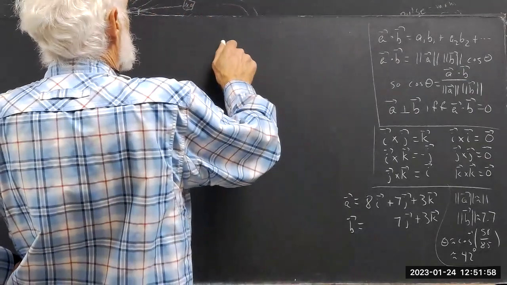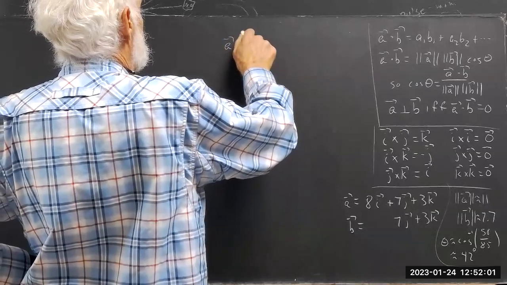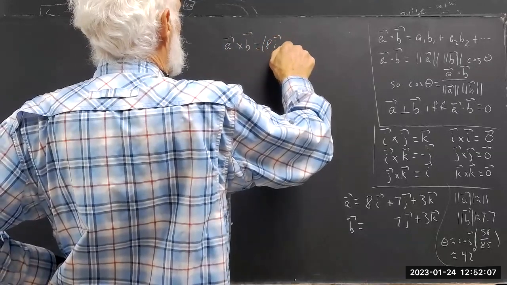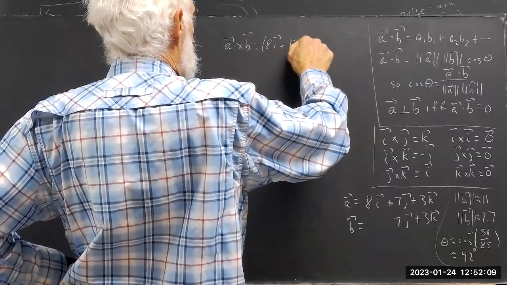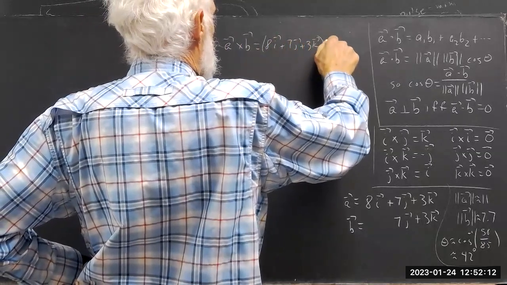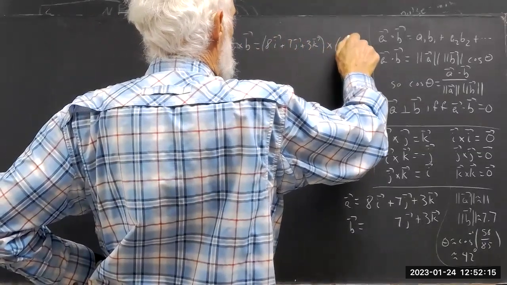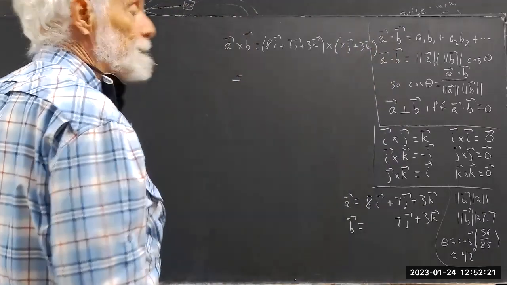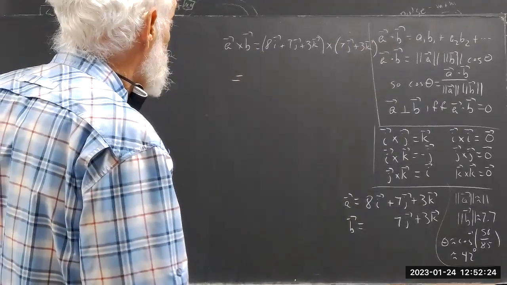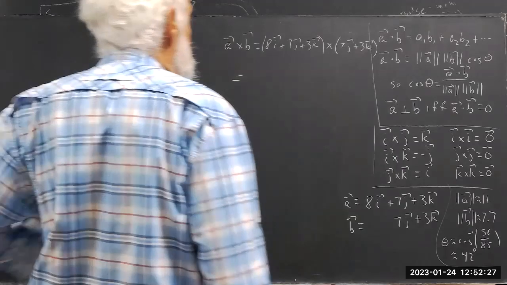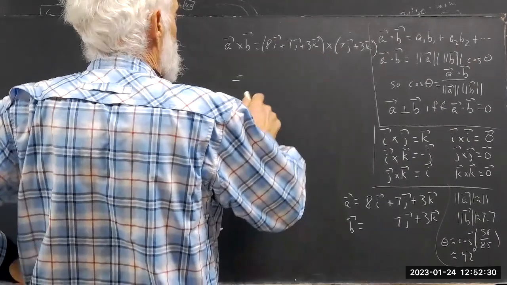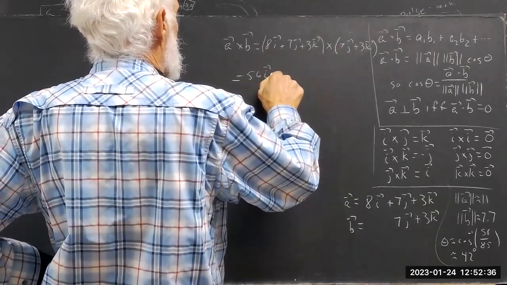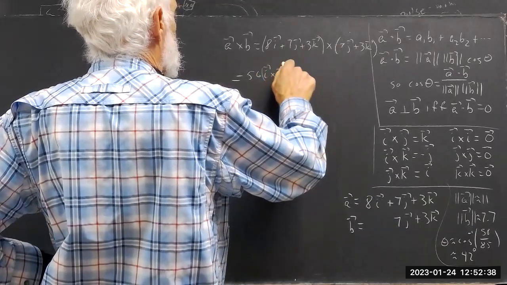Okay, so A cross B is, by the distributive law, 8i times 8i cross 7j, which is 56 times i cross j.